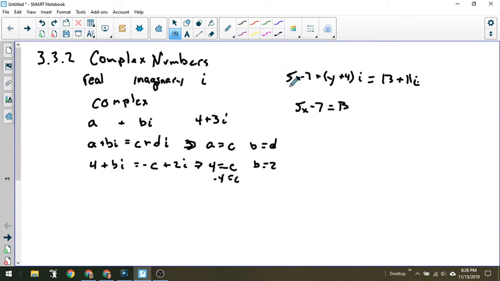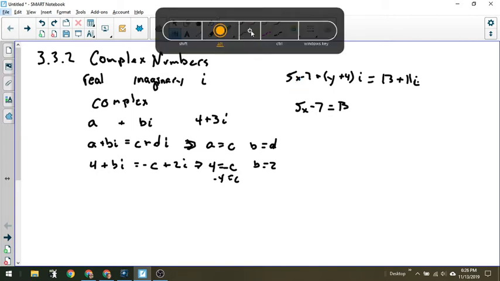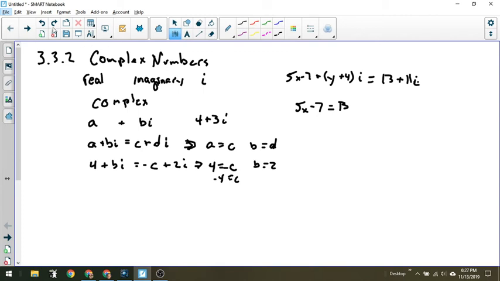And the coefficient of i, the number that we multiply i by to make it imaginary, this y plus 4, has to equal 11.